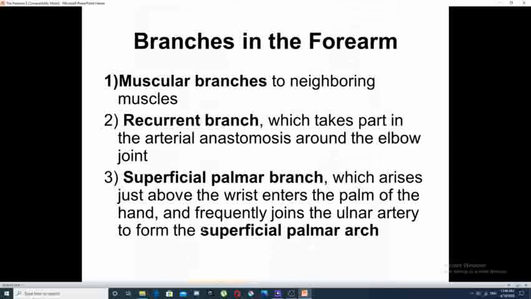Branches of the radial artery in the forearm: muscular branches, recurrent branches, and the superficial palmar branch that arises just above the wrist and enters the palm of the hand, where it frequently joins the ulnar artery to form the superficial palmar arch.